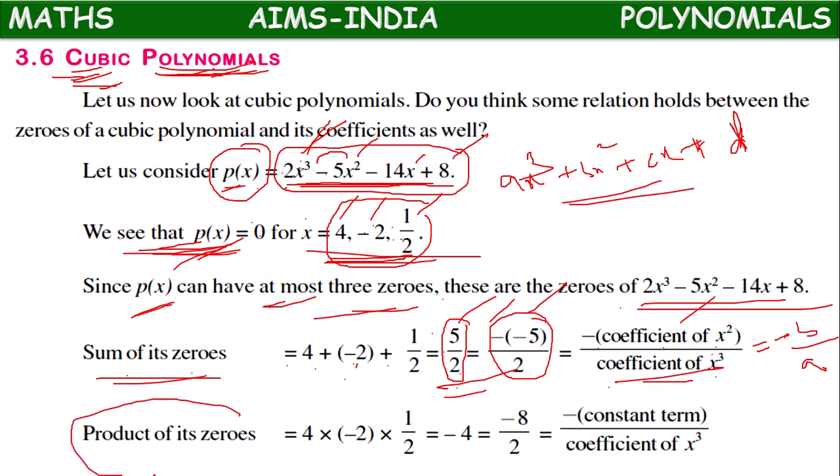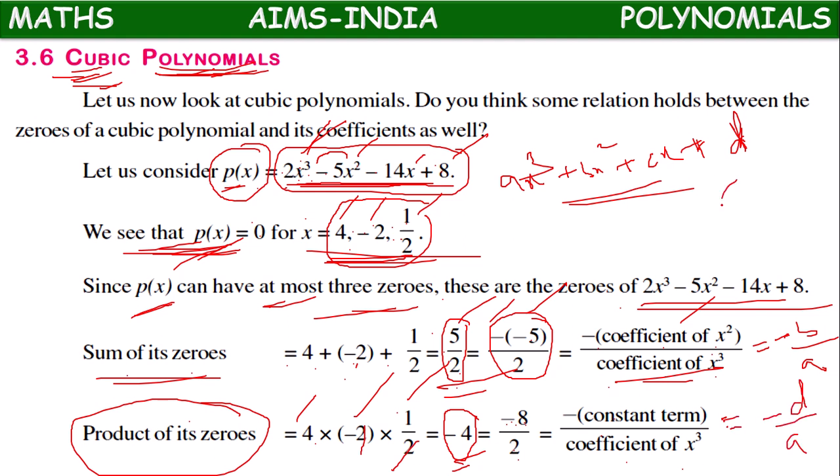Whereas if we see the product of zeros, 4 into minus 2 into 1 by 2, the 2 gets cancelled, 4 into minus 1 is minus 4, which can be written as minus 8 by 2. Here the constant term is plus 8, so we write minus 8, meaning minus of the constant term by the coefficient of x cube, which is minus d by a.